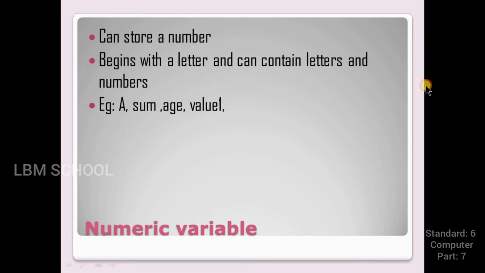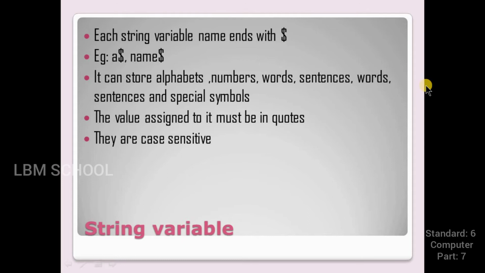Another type is the string variable. The speciality of a string variable is that it will end with a dollar sign. For example, if I am storing any names or any text in a string variable, how do I identify that this is a string variable?